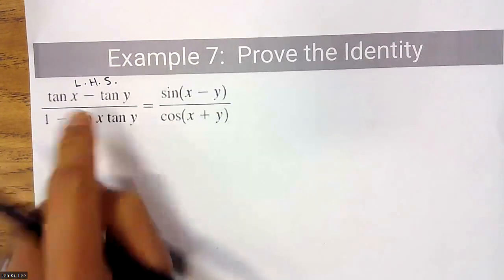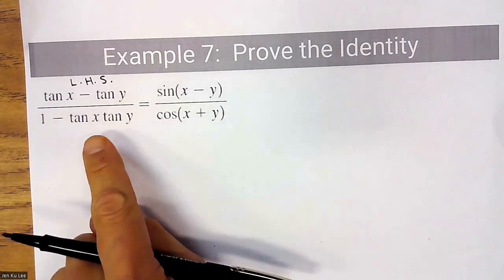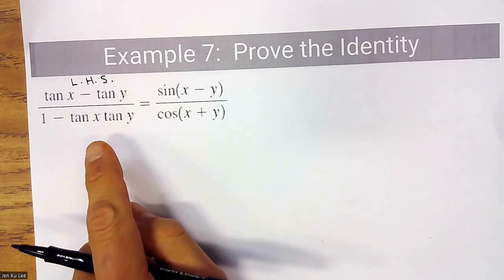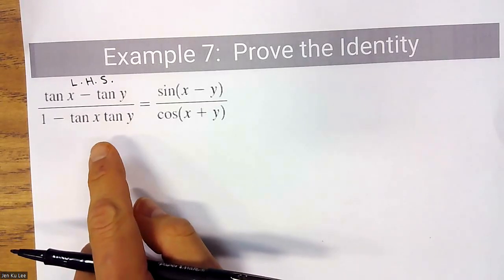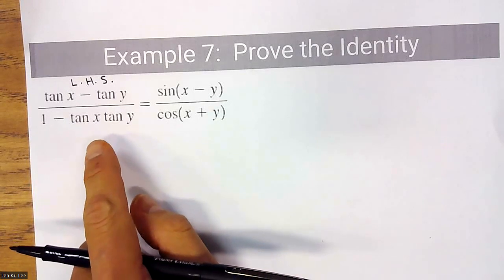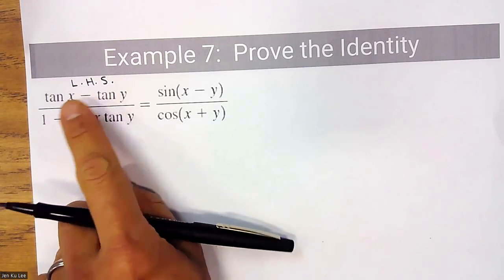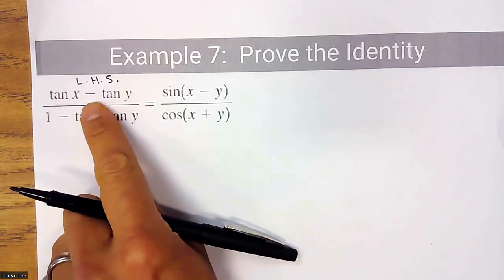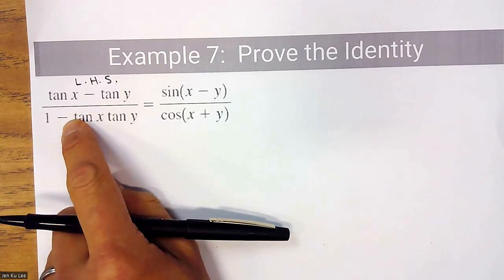When I look at my left-hand side, it looks similar to my tangent subtraction or addition formula. But I notice that the signs don't match up. One has to be the opposite. There must be a plus in there, but they are both minuses, so I can't use that.